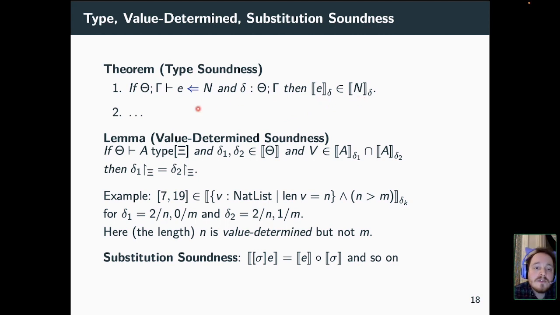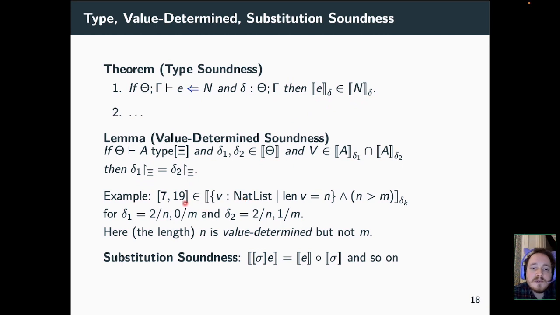And in order to prove this, we have to prove that our notion of value-determined indices is sound, which says that if you have a type A that is well-formed under theta and has value-determined indices xi, and if you have two different interpretations for theta, and if you have one value in both of those interpretations, then those interpretations must agree on the value-determined indices of the type.